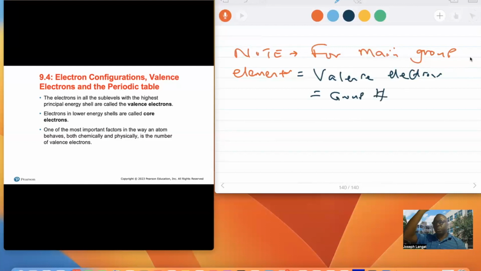For example, group 1, they will have 1 valence electron. Group 2, they will have 2 valence electrons. And here is helium.